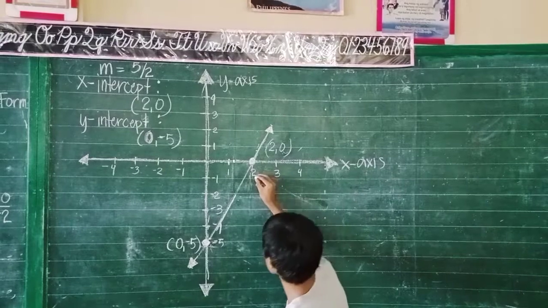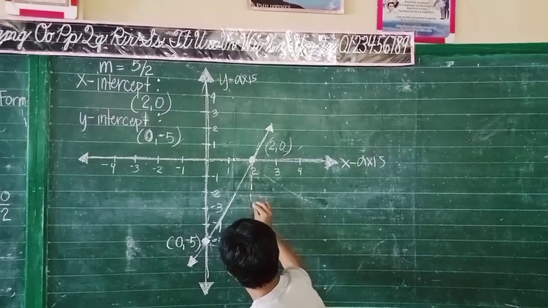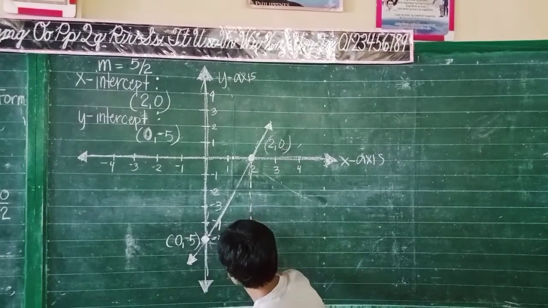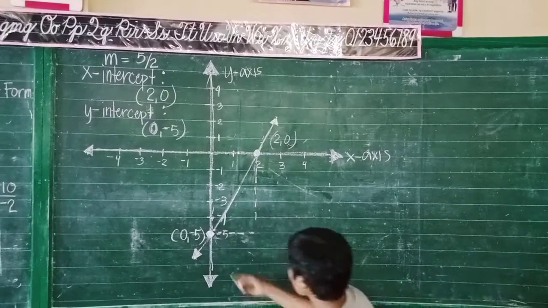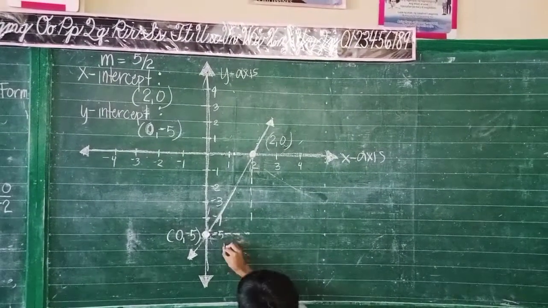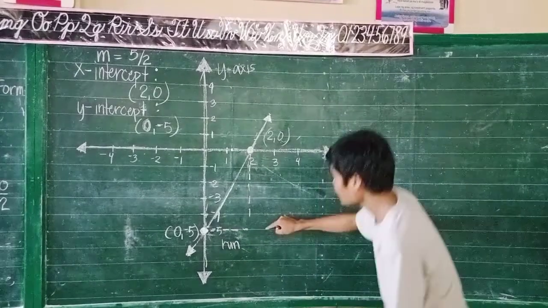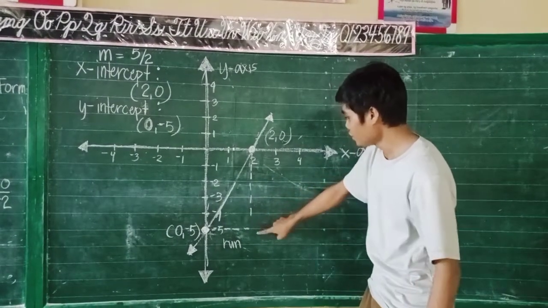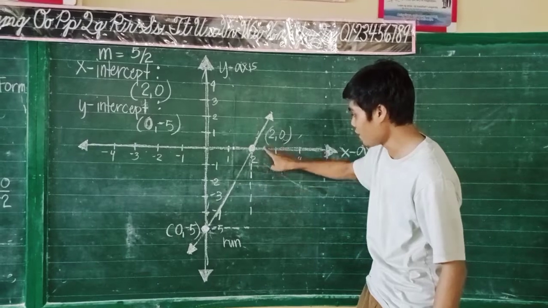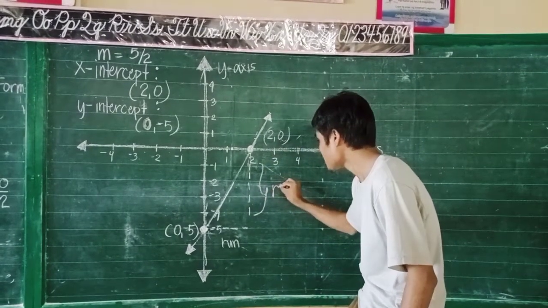These 2 units to the right are our run, and the 5 units upward, 1, 2, 3, 4, 5, are our rise.